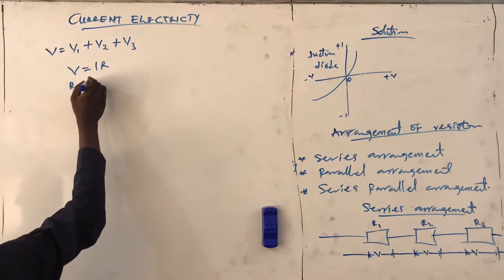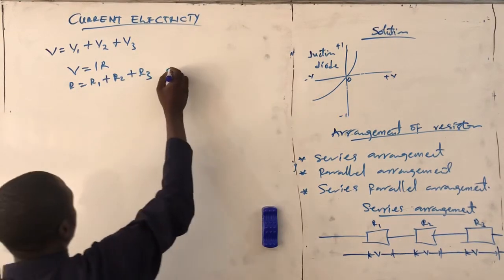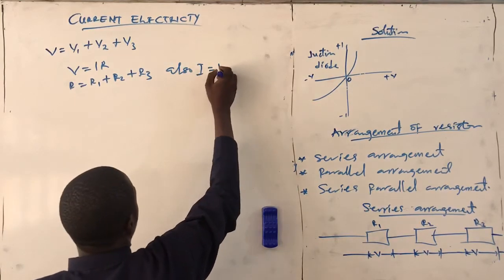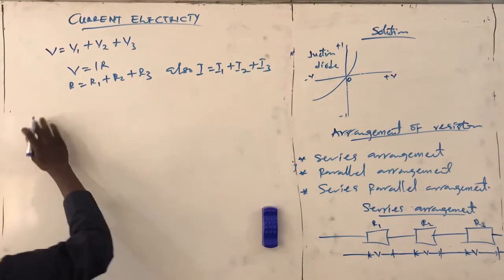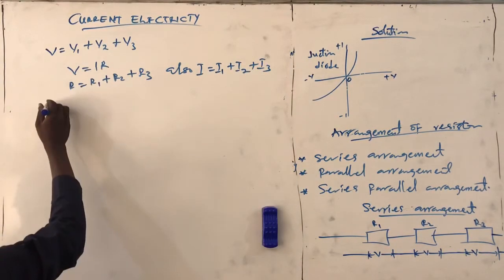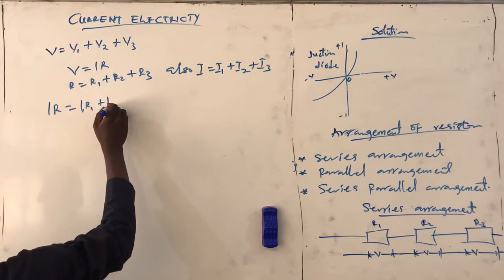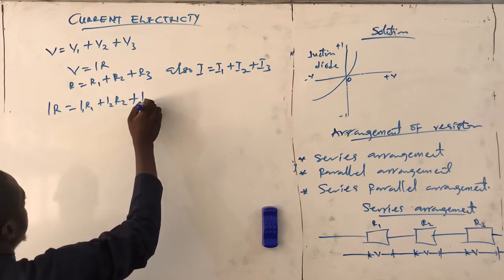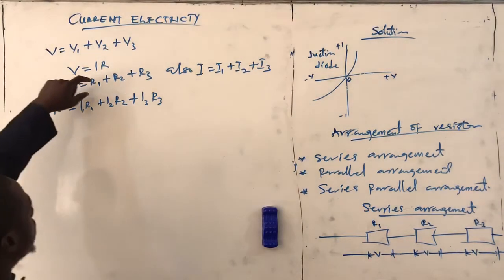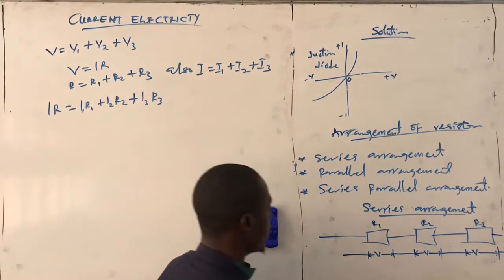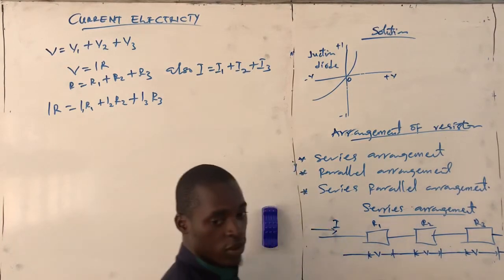So IR is equal to I1R1 plus I2R2 plus I3R3. Now, according to Kirchhoff's rule, if you look at this one like this, it is only one current that is passing through these resistors.